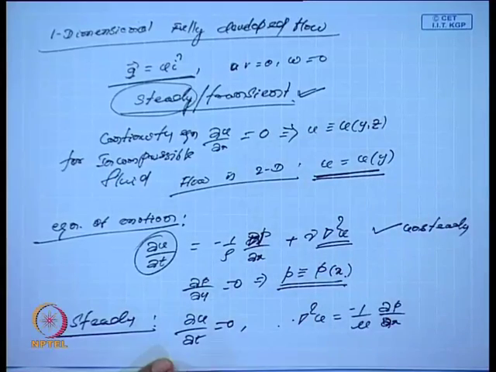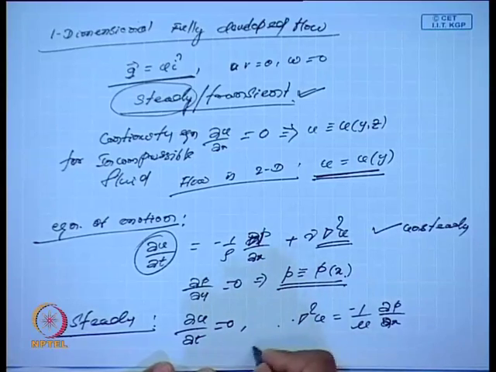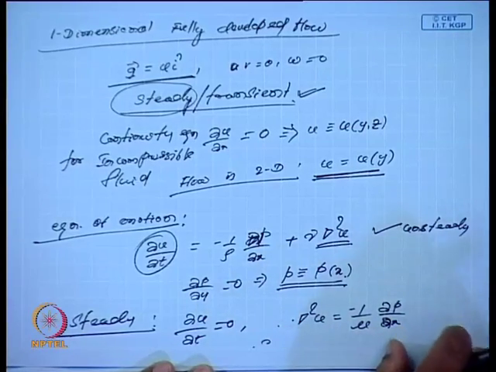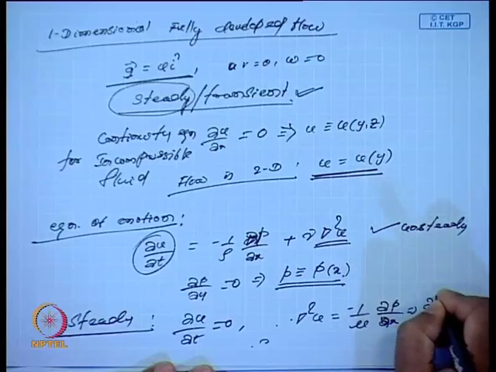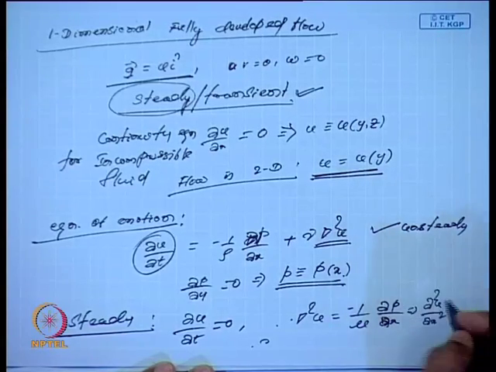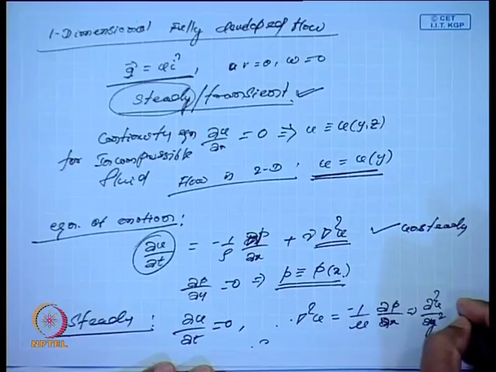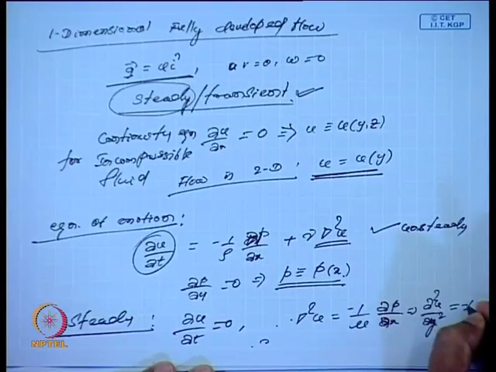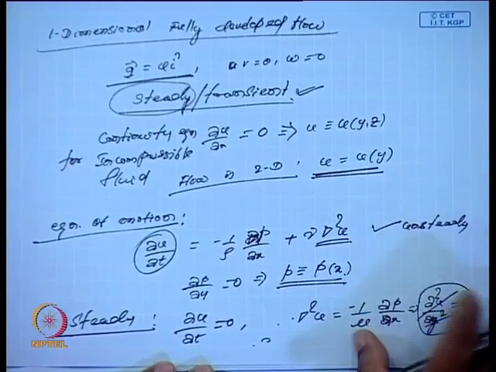If it is two dimensional, then that will give me del square u by del y square, since u is a function of y.